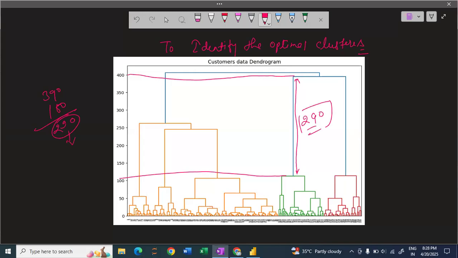Is there any line which is the longest vertical line here? Tell me. So we found that the blue one is the longest vertical line. Now, how can I cut here?